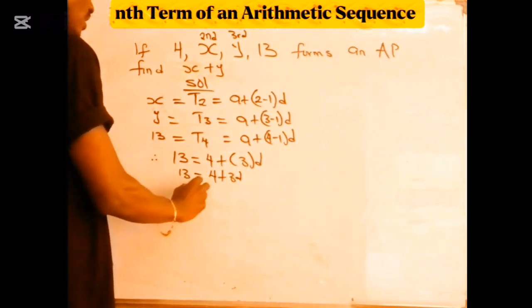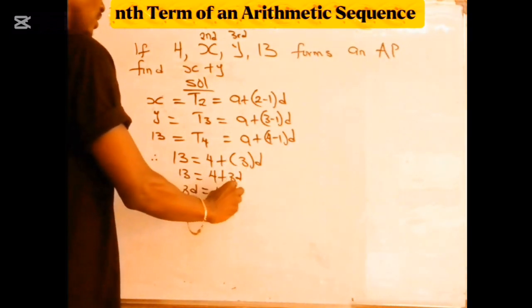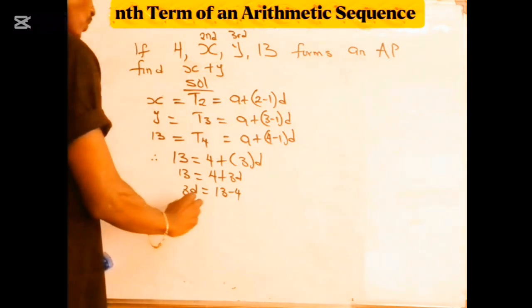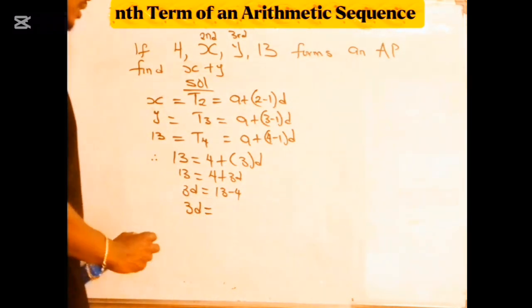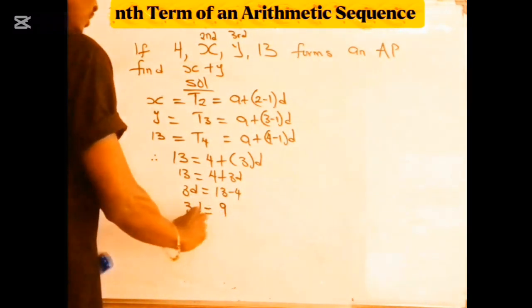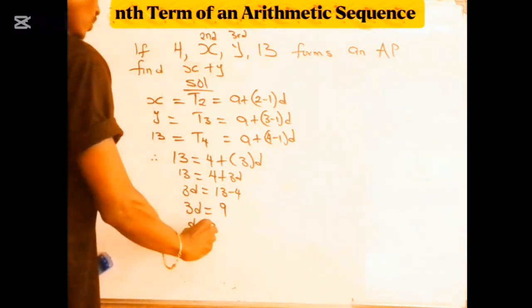That means 3D is 13 minus 4. So 3D will be equal to 9. That means D is equal to 3.